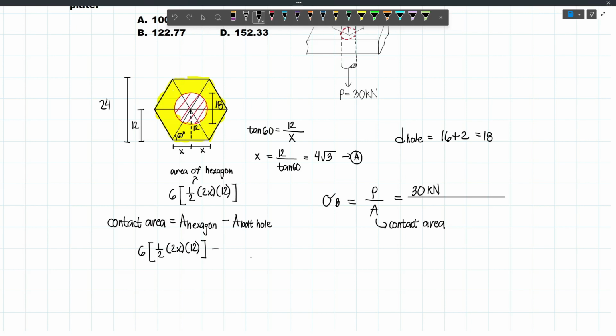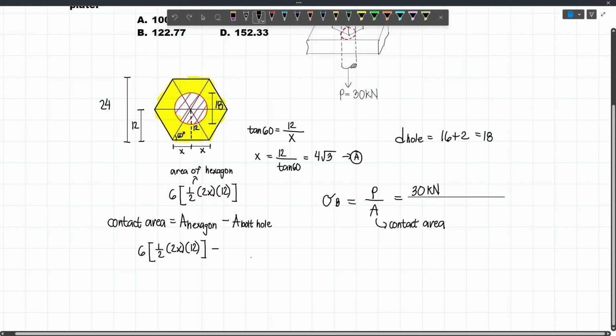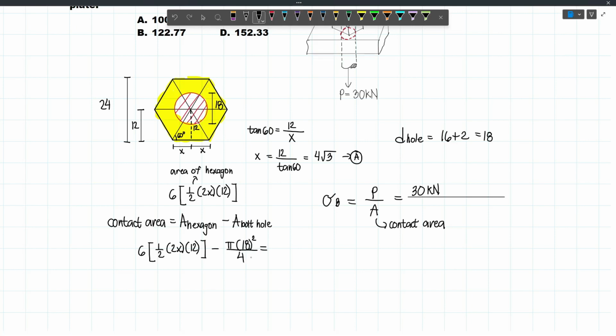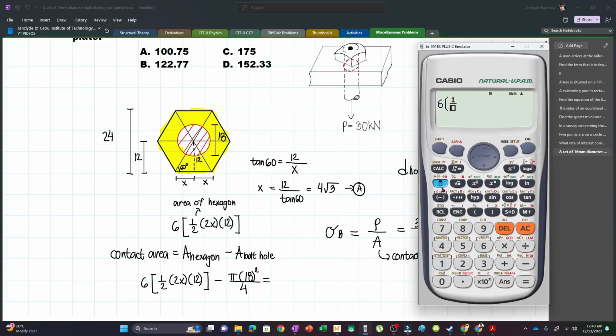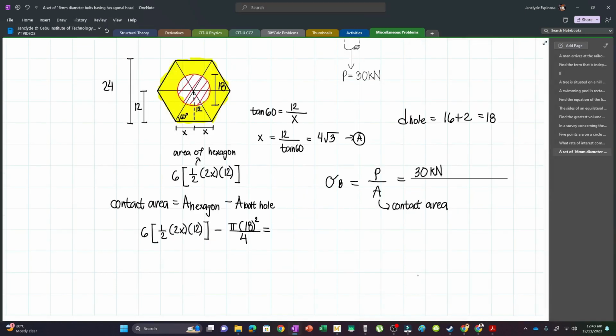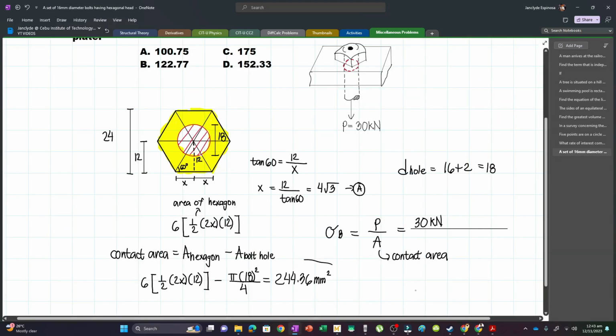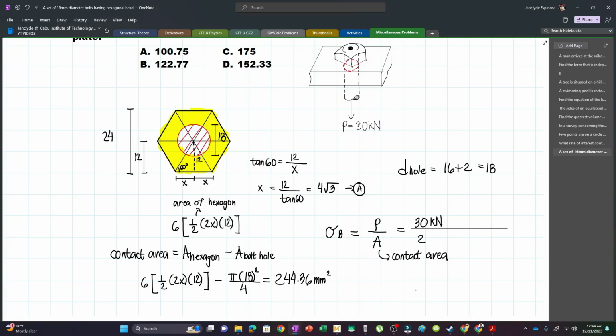And so, this area will be pi d squared over 4, or pi times 18 squared divided by 4. And that's equal to 6 times 1/2 times 2 times itong x nakastore dito sa A, and then times 12, and then minus pi times 18 squared divided by 4. And so that will be 244.36. And so let's just write this dito. And then let's plug this value for A. And so this will be 244.36 mm squared.